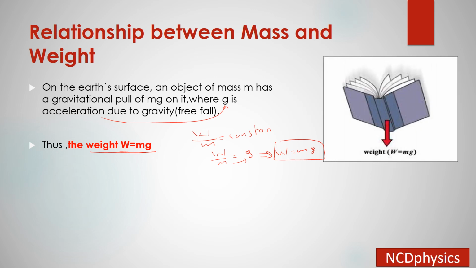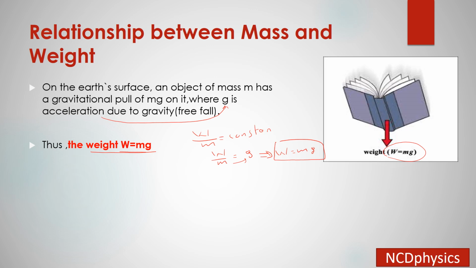So you see here we have a book, let's say. The weight of the object is in the downward direction towards the center of earth, and the weight of the object is equal to mg, the mass of the book multiplied by the gravitational field strength.